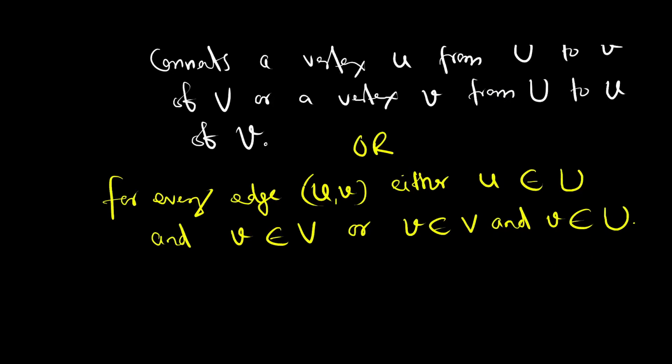There are some other points also that you should consider while you are studying bipartite graphs, and you should remember these points. So no edge connects vertices of the same set.